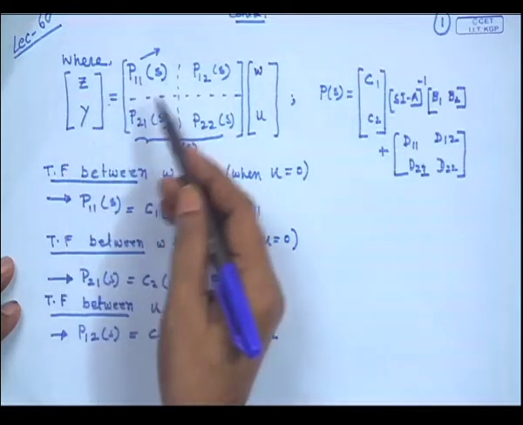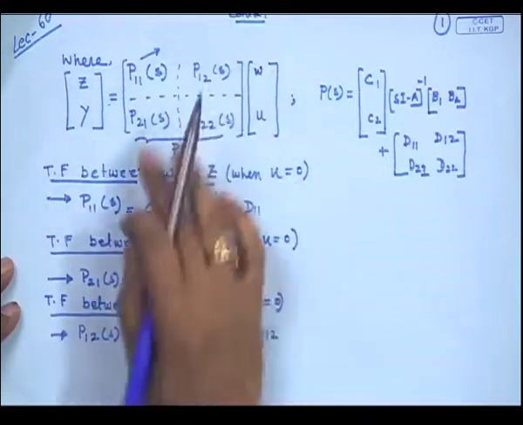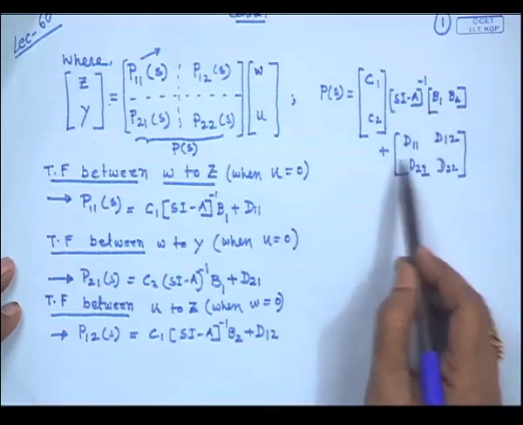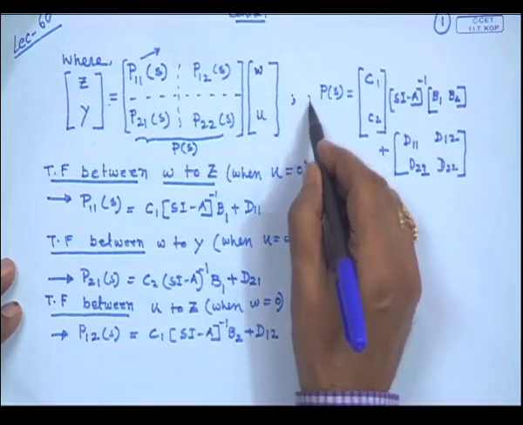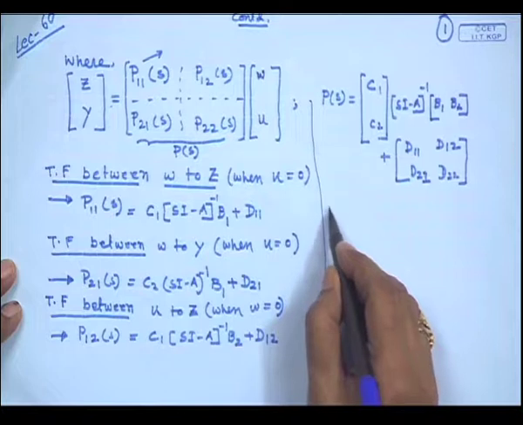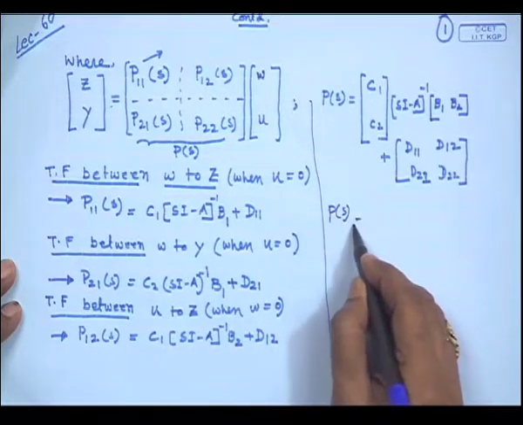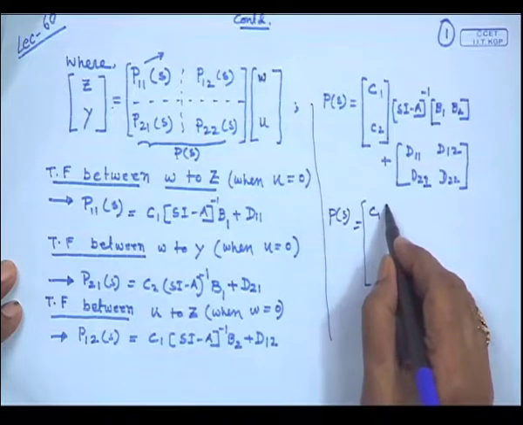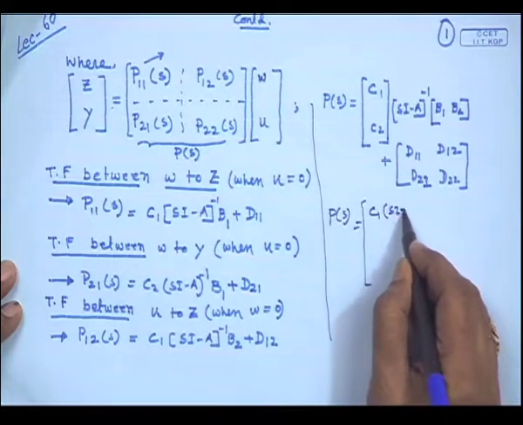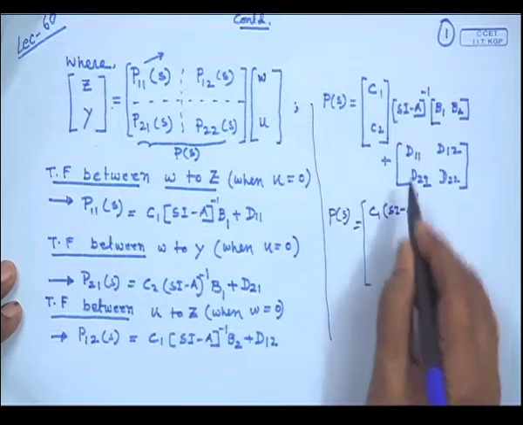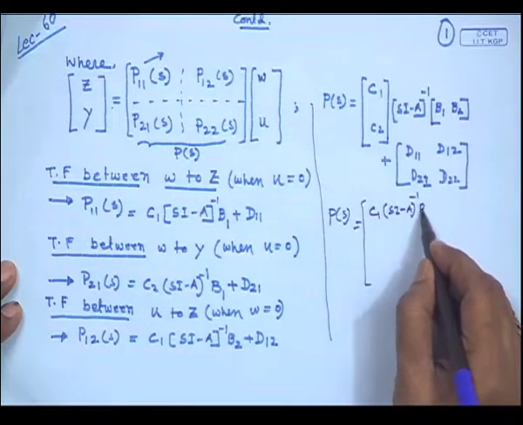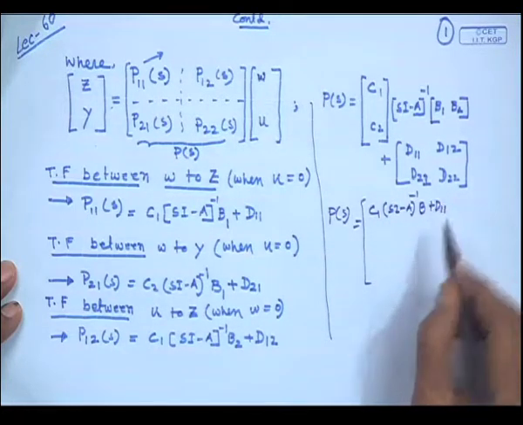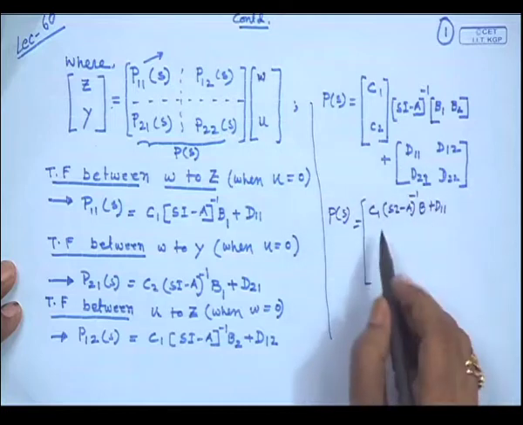As we mentioned, this transfer function P(s) is C (s I minus A) inverse B plus D, and if you expand this expression, you will get C 1 (s I minus A) inverse B 1 plus D 1 1, that is our P 1 1(s).